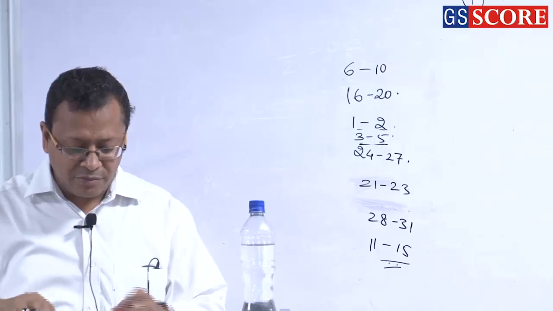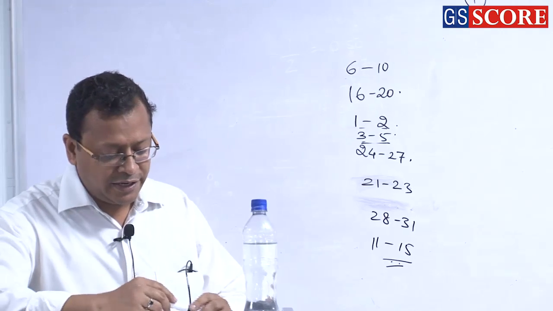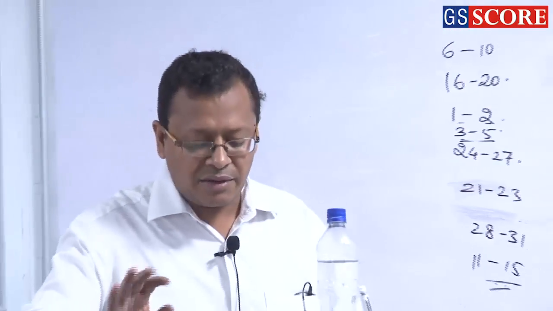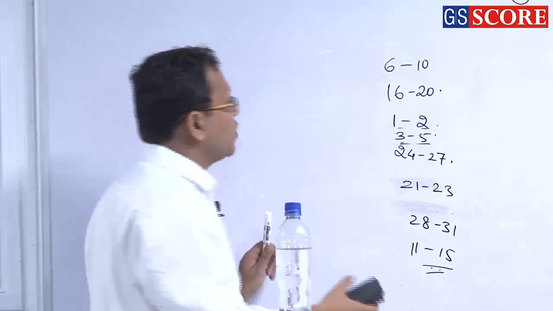So, we will discuss some of the good sets, some of the sets which really caught my eye, right. The first, 1 and 2, is a comparatively very easy set, right. So, let us discuss the sets one by one.